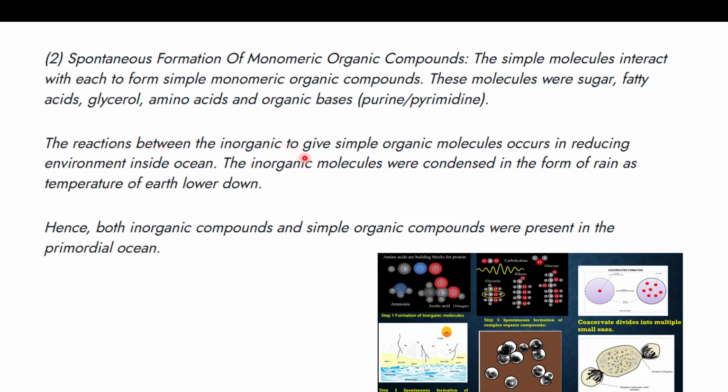The reactions between inorganic molecules to give simple organic molecules occurred in a reducing environment inside the ocean, and the inorganic molecules condensed in the form of rain as the temperature of Earth came down. Hence, both inorganic and simple organic compounds were present in the primordial ocean.